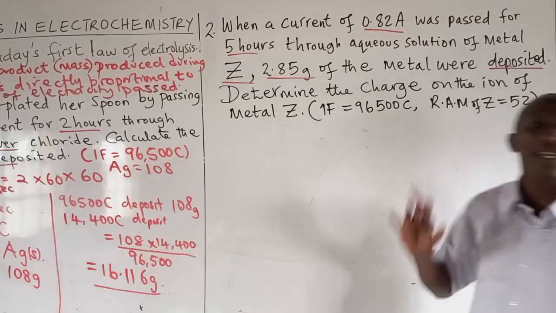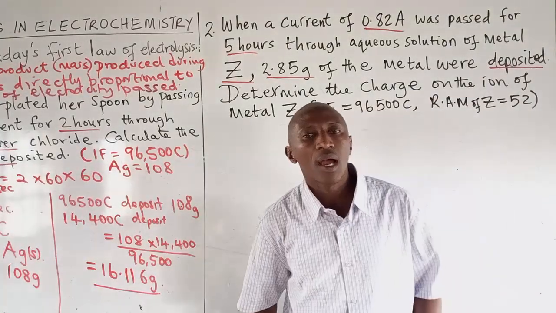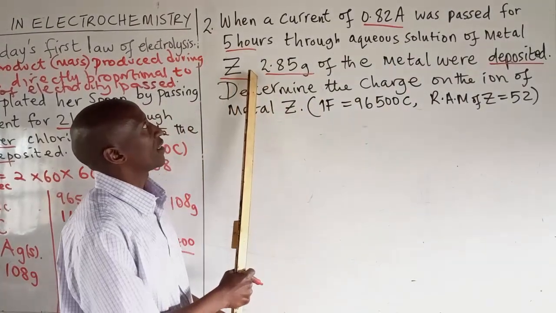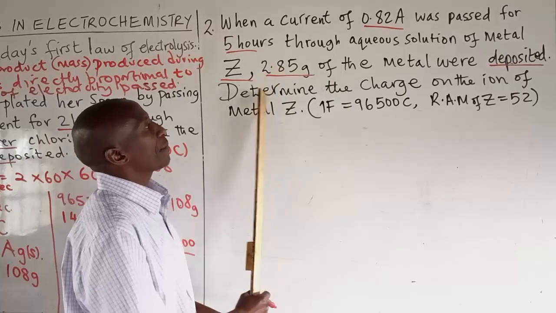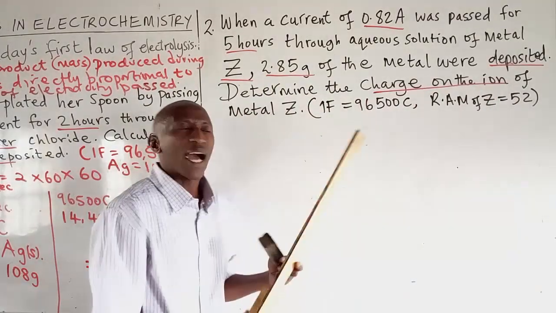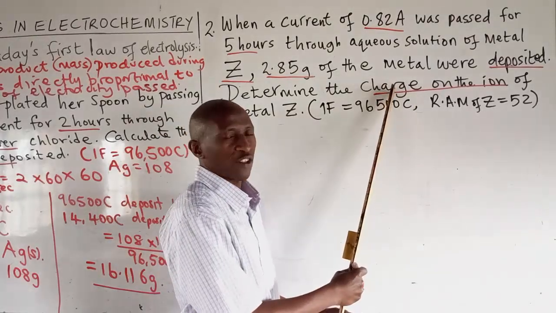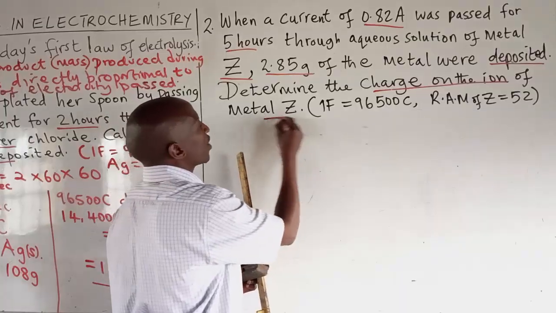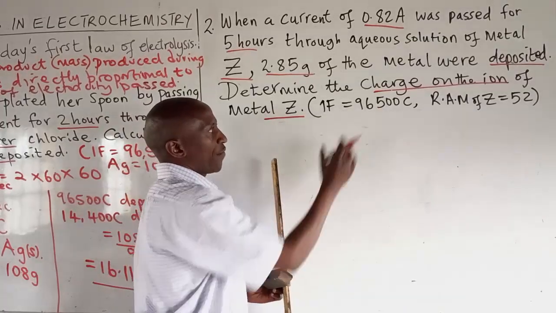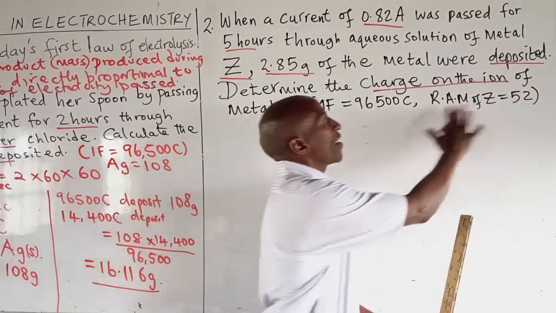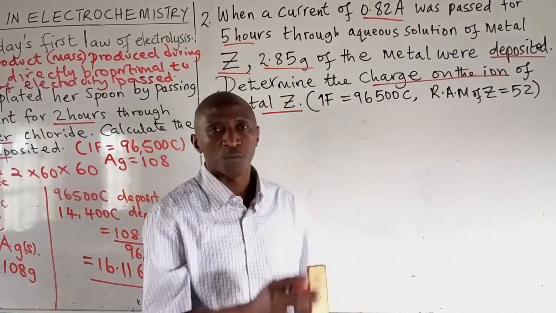So that is our product. The metal Z is our product. We are required to determine the charge of the ion on metal Z, given that 1 Faraday is 96,500 coulombs and the RAM of Z is 52.